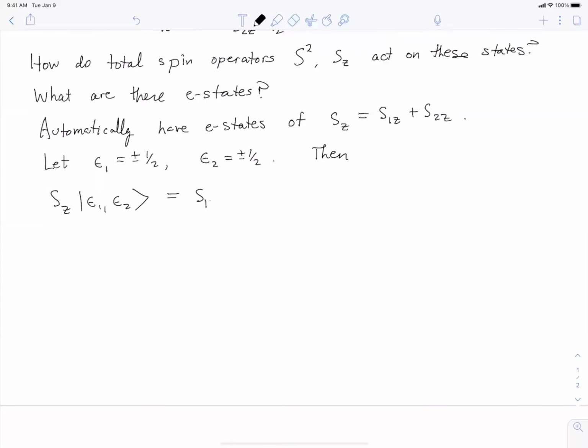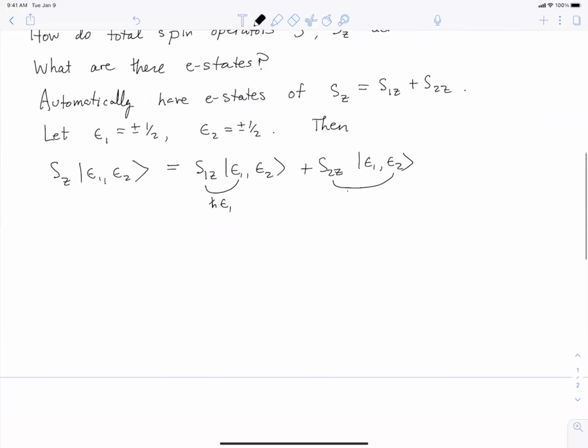This is S1z on epsilon 1, epsilon 2, plus S2z on epsilon 1, epsilon 2. And now we can evaluate these by just looking at the first label for S1z. That makes this h bar epsilon 1. And the second term, we evaluate by looking at how it acts on the second label. So that's h bar epsilon 2. And so the total thing is just a number, namely h bar times epsilon 1 plus epsilon 2 times the state back again.